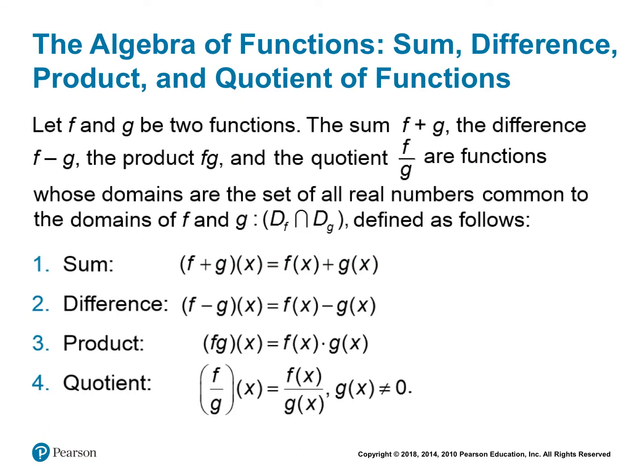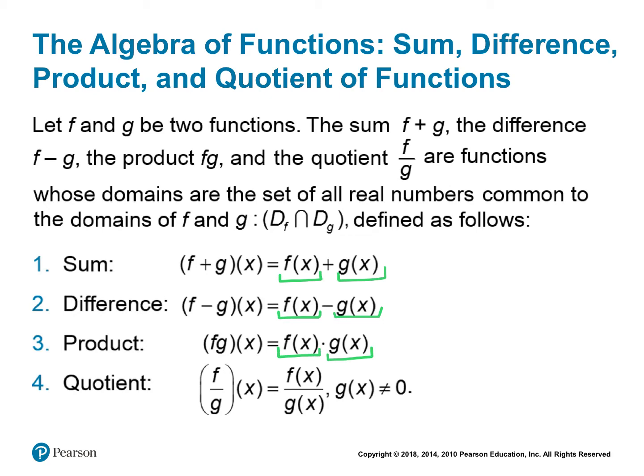Okay, now we're going to be talking about sum, difference, product, and quotient of functions. So we're going to use f and g for our two functions for our examples. So if we look at our sum, f plus g, you can break it into f of x plus the g of x. The difference formula, you can subtract them from each other. The product, you multiply the two functions together.